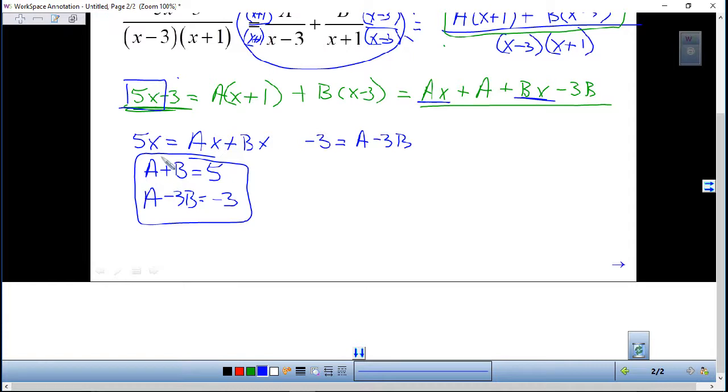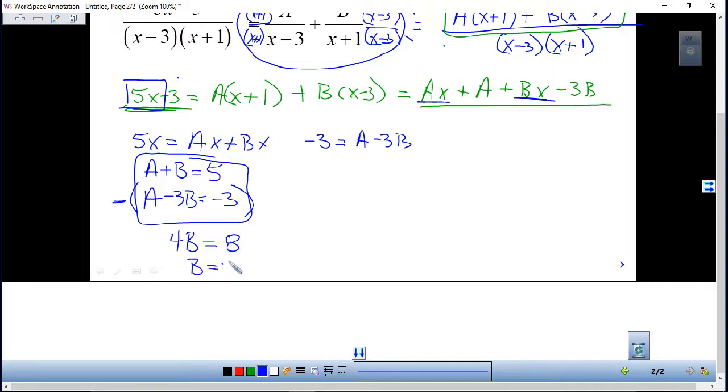We could go ahead and subtract the second equation, so let's subtract this entire second equation. So we get a minus a, which gives us 0a. And we have b minus a negative 3b, so that's going to be 4b. Minus a negative is the same thing as adding 3b. And then 5 minus a negative 3 is the same thing as adding again, so we end up with 8.